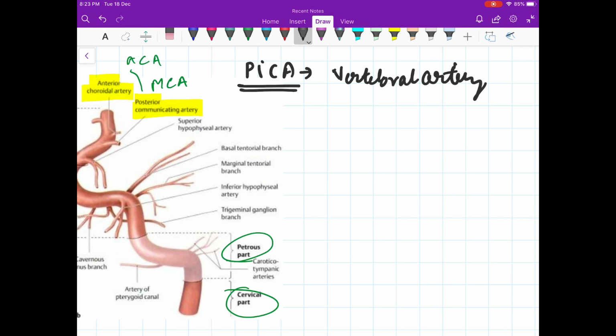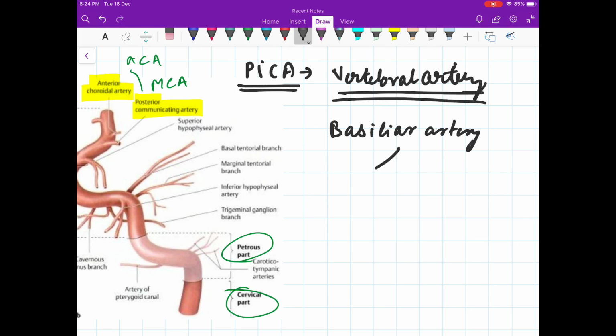This is a very important question. Posterior inferior cerebral artery is a branch of vertebral artery. And how is basilar artery formed? Basilar artery is formed by joining of two vertebral arteries.